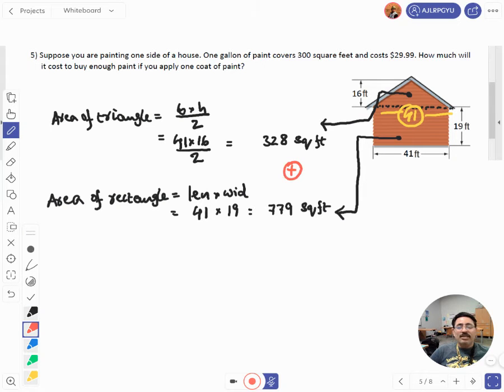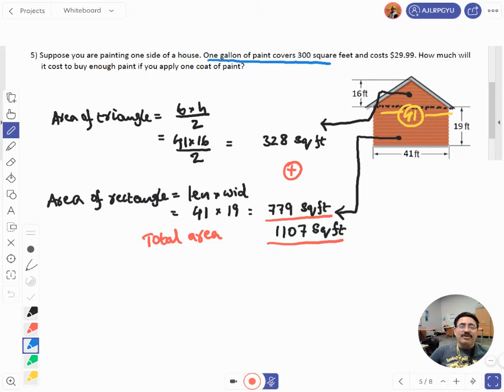So when I combine these two, the total area equals 328 plus 779, which is 1107 square feet. Here is the tricky part. Listen carefully. The last part is really, really tricky.